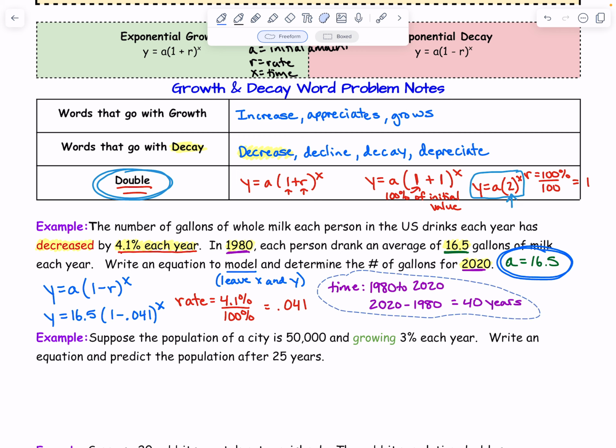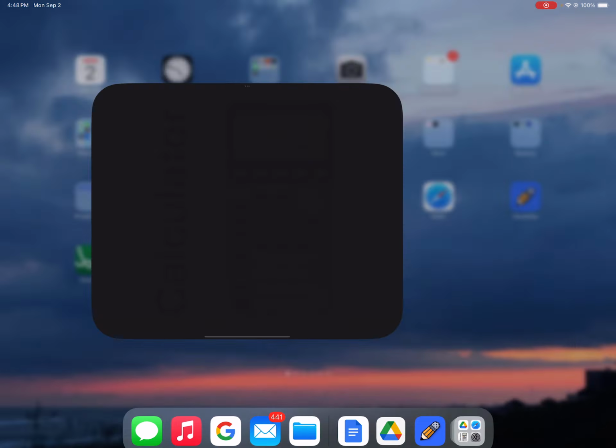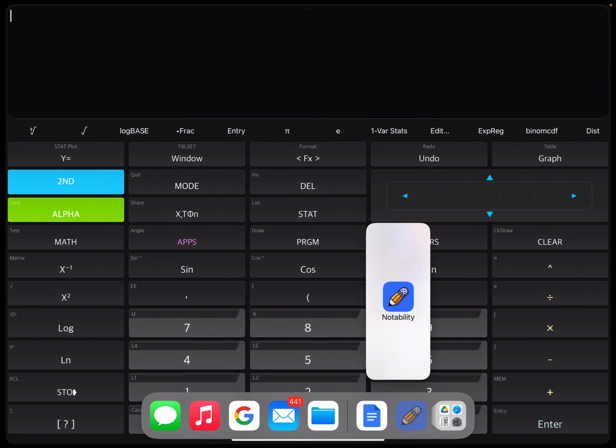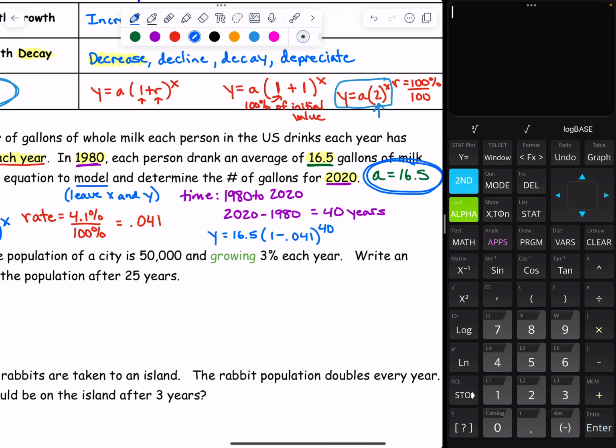So let's just scoot some of this stuff around a little bit, and we're going to rewrite our model. So y equals 16.5 times (1 minus 0.041). But now we can go ahead and plug in the time of 40 years. Let me bring up my calculator to type all that in, because we can type it now just like it looks in the calculator.